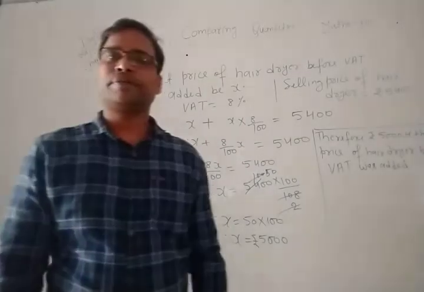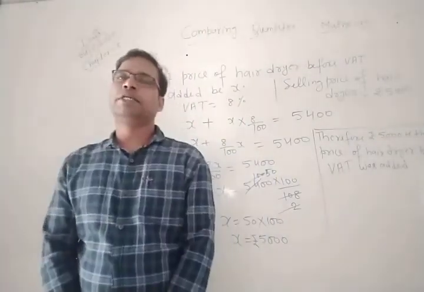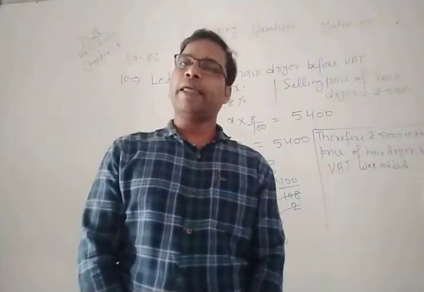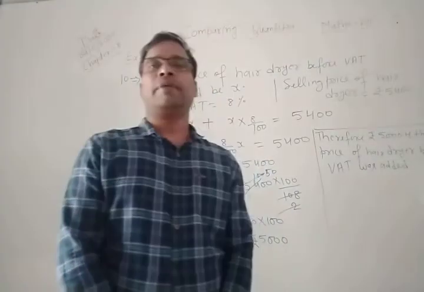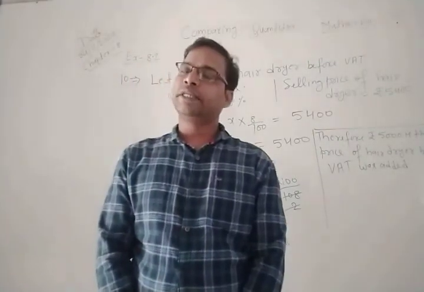So in these questions, again we let the price of the article before GST added be X. So X plus X of 18% is equal to the selling price.